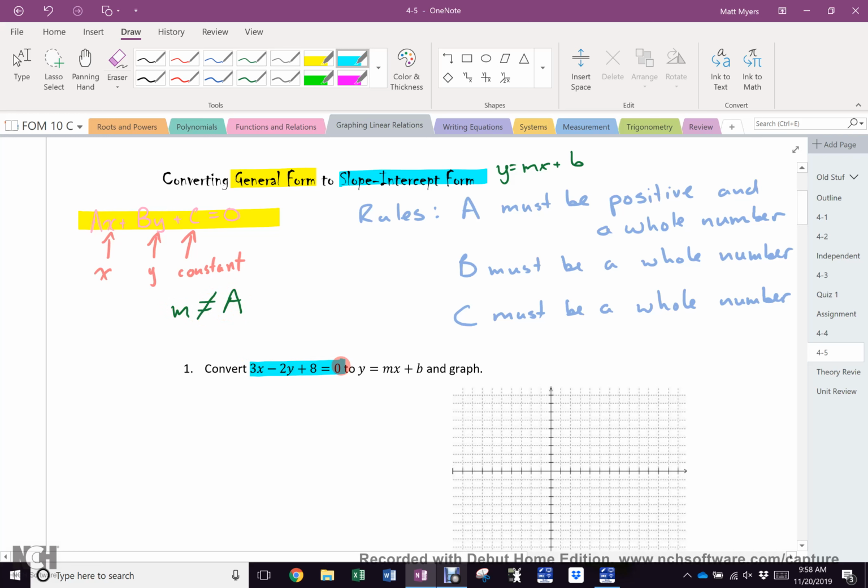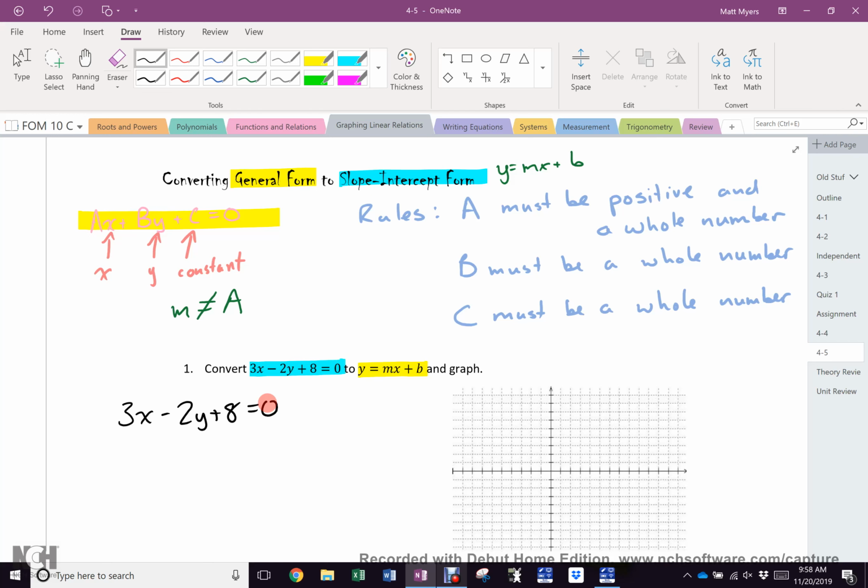General form. I want it to look like that so I can graph it. What must I do to the blue one to get it to the yellow one? Let us isolate y, please, children. What needs to move?